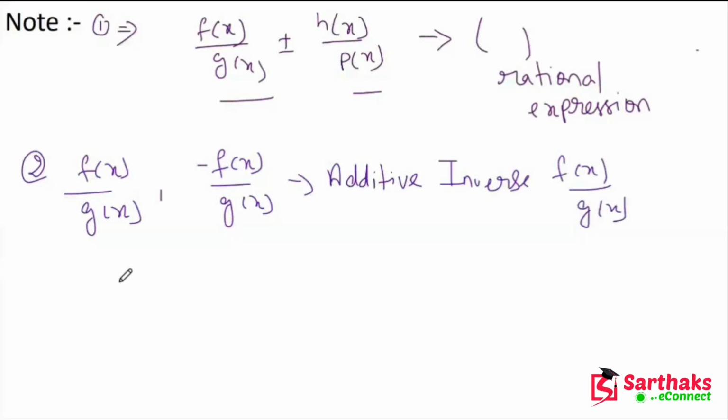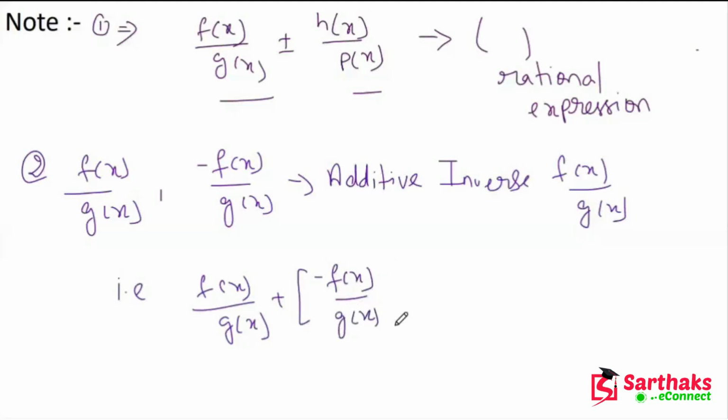So if we add f(x) divided by g(x) plus minus of f(x) divided by g(x), we get 0. I hope you get this point.